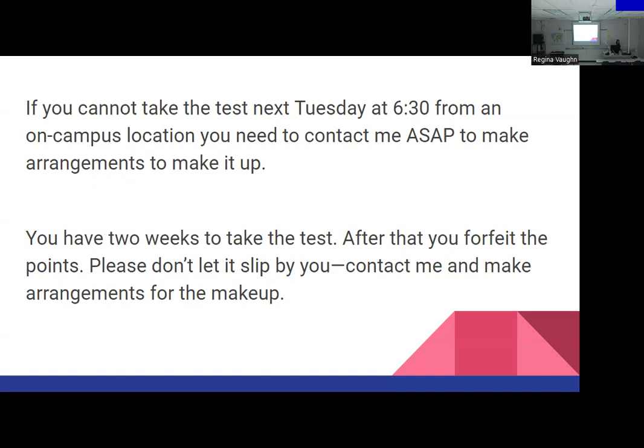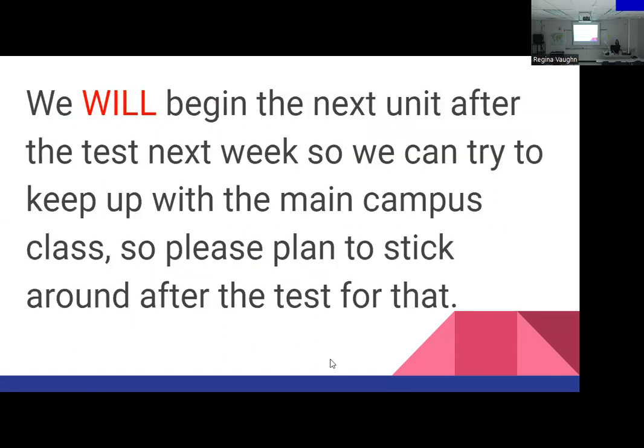After we do the test next week, we are gonna go ahead with the next unit and start talking about instrument families and different tone qualities and colors. So you don't want to wait too long to get this done, because new information is gonna be coming in.